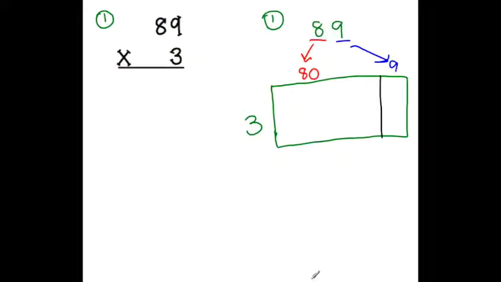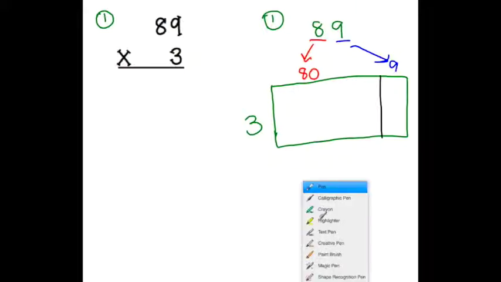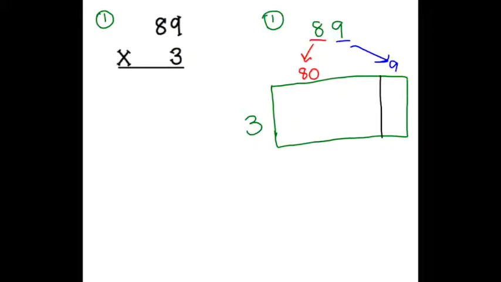Now, I think we're color coding it in class, right? So you should have your crayons with you. And I'm going to use my highlighter. So I'm going to color this kind of red to match my 80, which is red. And you color yours, whatever color you're coding it. Perfect.